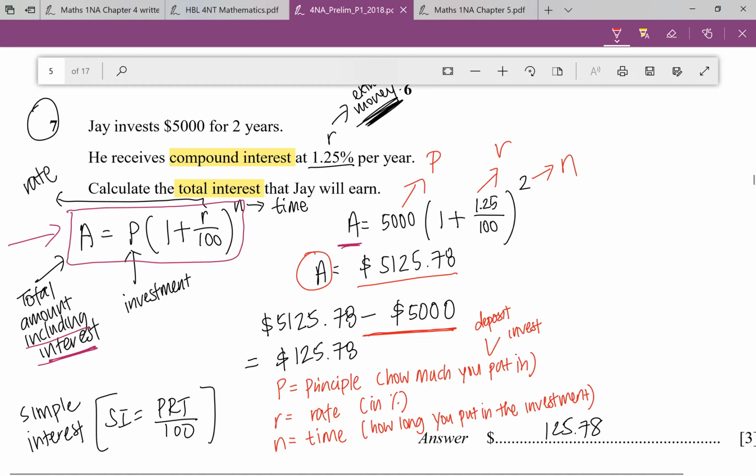So what are they asking for? How much is the interest? Interest is the extra money you get.